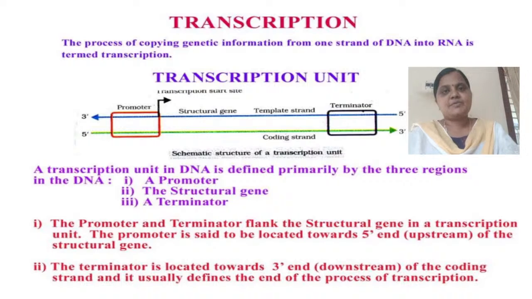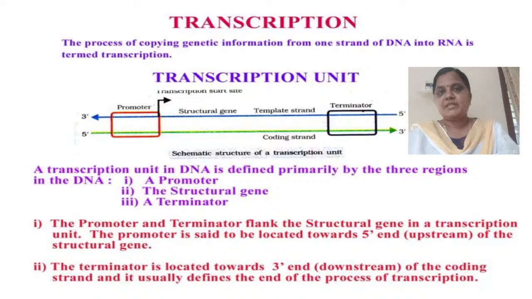The promoter and terminator flank the structural gene in a transcription unit, and the promoter is located towards the 5' end, upstream of the structural gene.